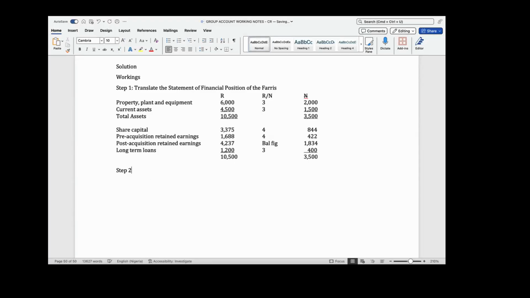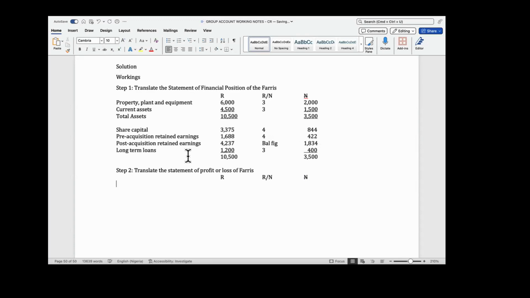Okay. So back to step 2. We're going to translate the statement of profit or loss of Paris from rand into Naira.